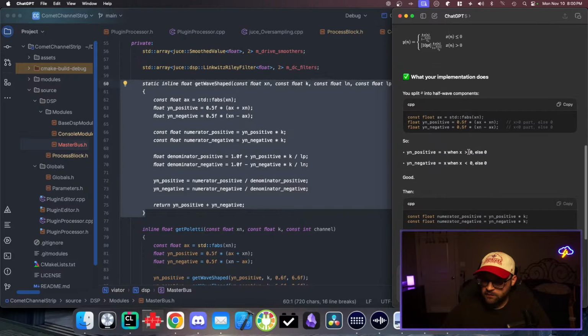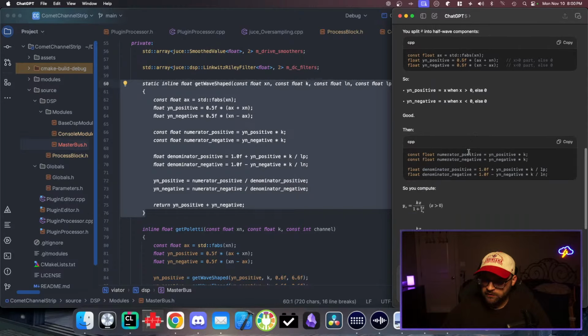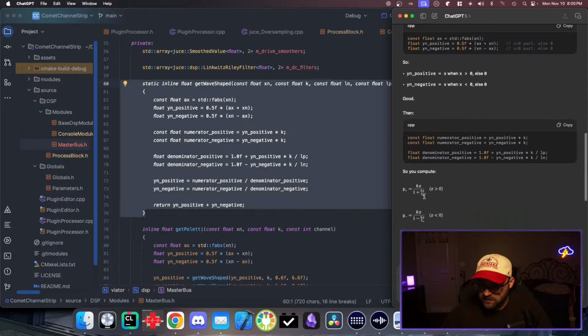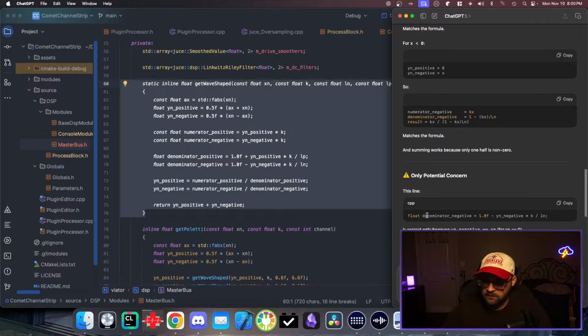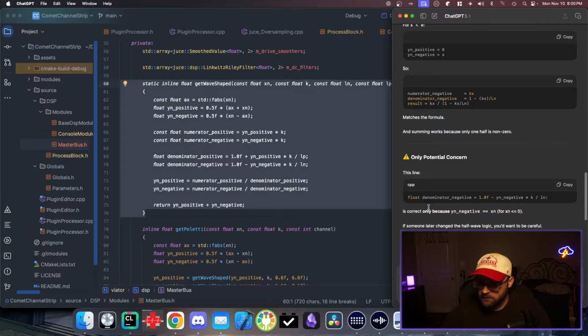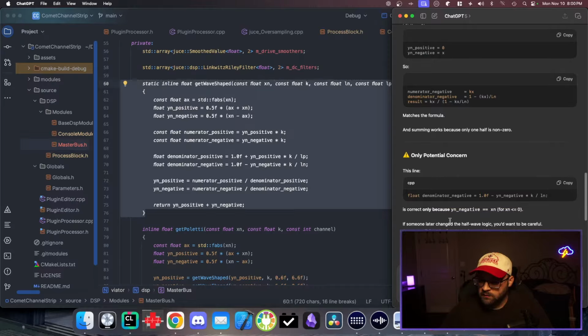So halfway. Yep, good. Then yes. Okay, so you compute. And then make sure that it actually gives this back to you correctly. So yeah, this is the positive one with LP. That's the negative one. Okay. Only because if someone later changed the half-wave logic, you'd want to be careful.